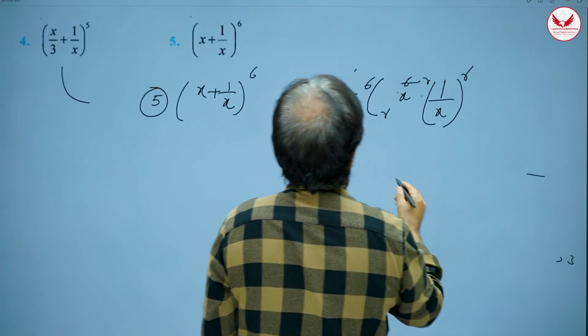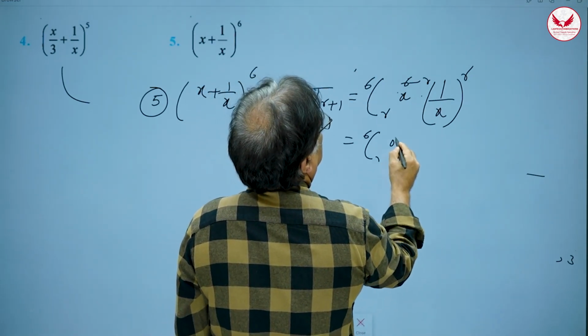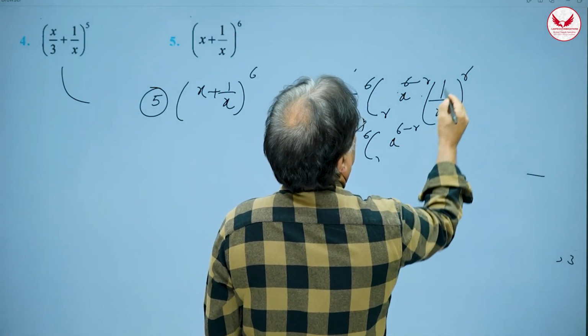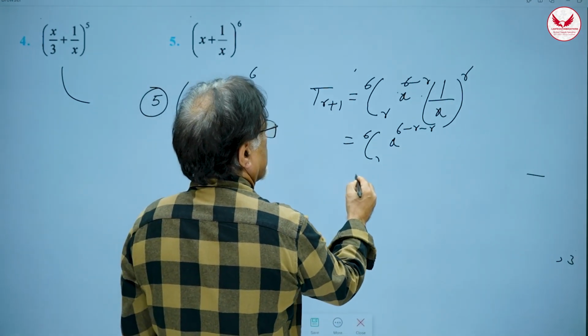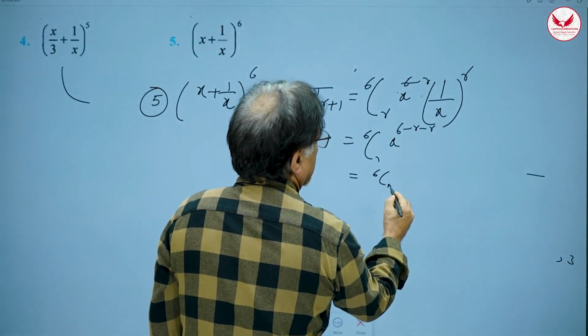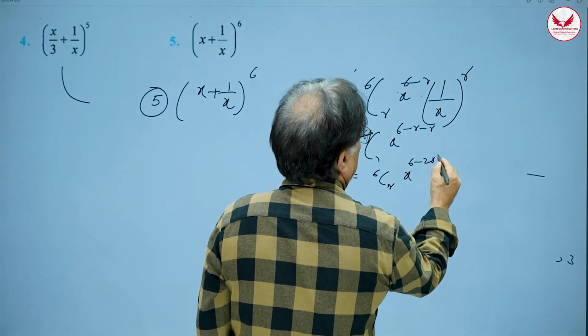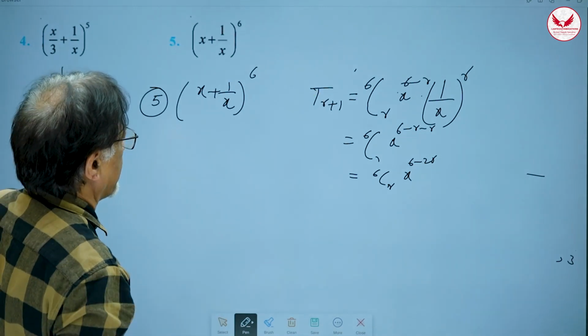Correct? Now, actually it becomes 6Cr, x raised to 6 minus r, and again there is r, so it is minus r again. So that means the general term turns out to be 6Cr into x raised to 6 minus 2r. Correct? So just go on writing 1, 2, 3 for r, that's all.